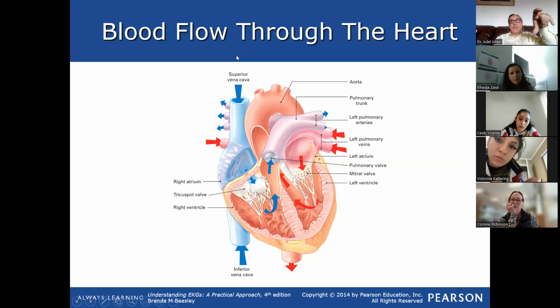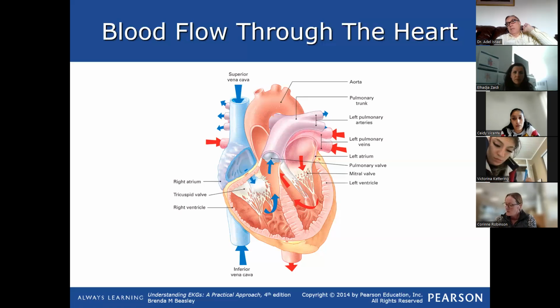So we have one superior and we have one inferior. Both of them, guys, both of them open in the right atrium. You see? This is number one.